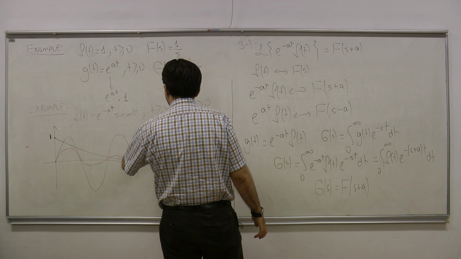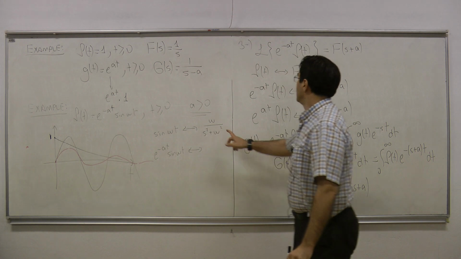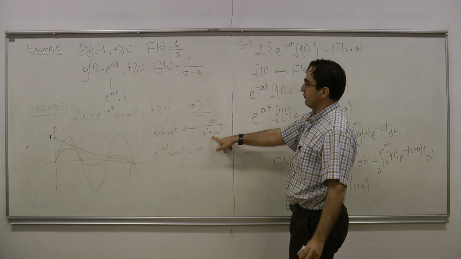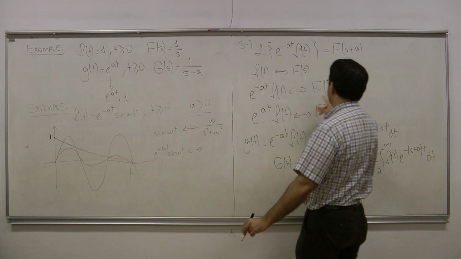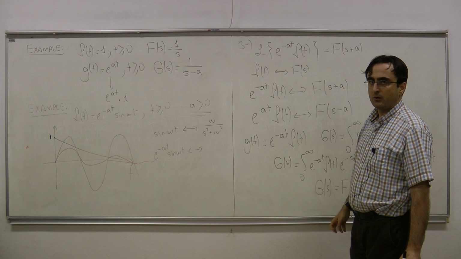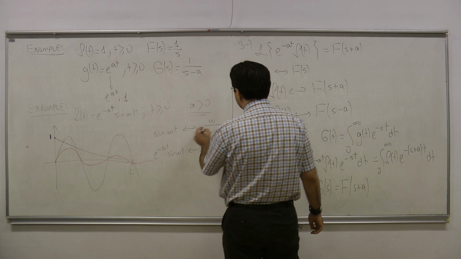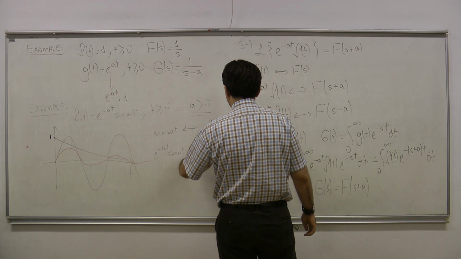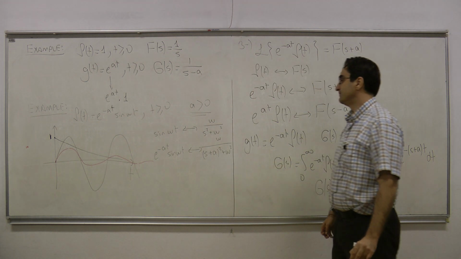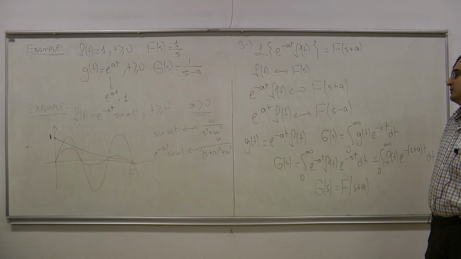For e to the minus at sine omega t, in the original Laplace transformation, which is this one here, I need to substitute s plus a instead of s. Alright? So this is going to be omega over, instead of s squared, I have s plus a squared plus omega squared. Okay? So this is the Laplace transformation of this function.